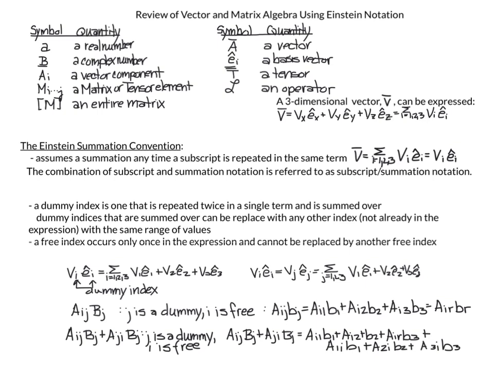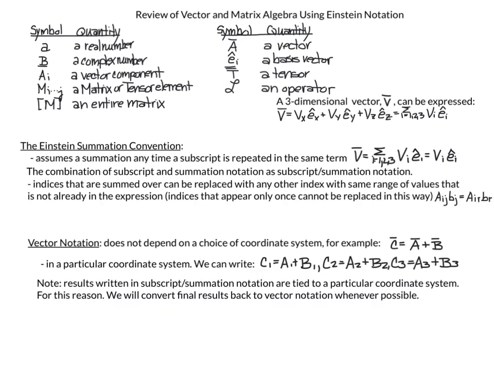So i is free, so a sub i j, b sub j plus a sub j i, b sub j is equal to, first we expand our summation over j, so a sub i1, b1 plus a sub i2, b2 plus a sub i3, b3, plus now we expand over j, so a sub 1i, b1, plus a sub 2i, b2 plus a sub 3i, b3. I have my summary of Einstein summation over here, so I could add one more note.